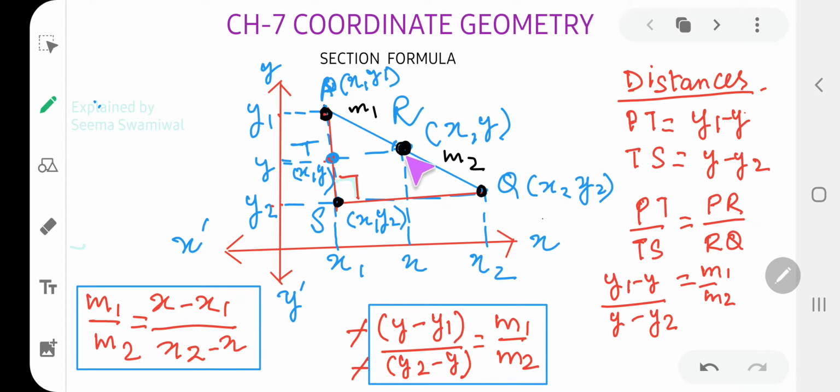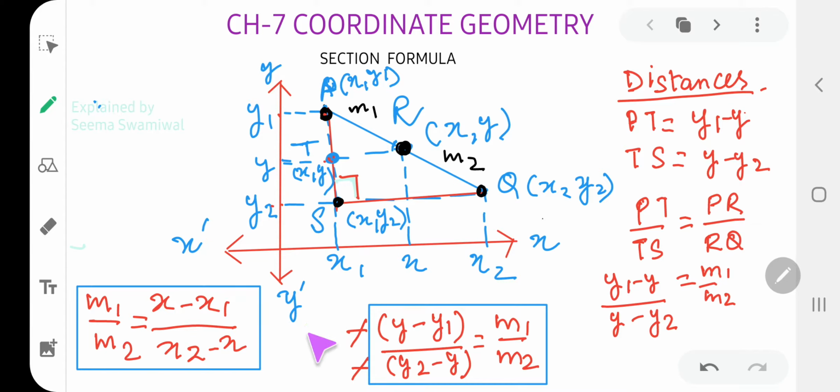So if you need to find the ratio in which the line segment is divided, you can calculate this ratio m1 is to m2 by simply y minus y1 upon y2 minus y, where y is the coordinate of the middlemost point.